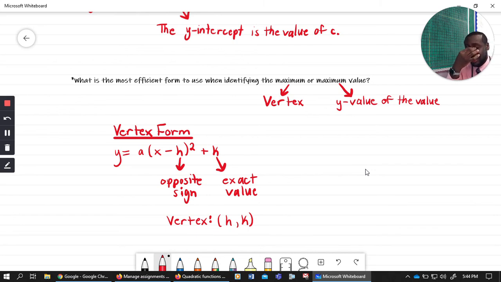And so again, guys, if you know what the vertex is by looking at this form, then you should have no trouble with identifying the maximum value, the y value of the vertex, or the minimum value, the y value of the vertex.